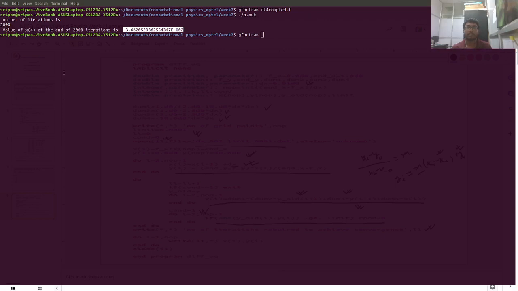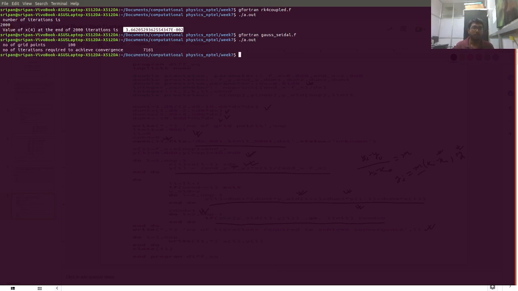The name is Gauss_Seidal dot f. Okay, so it is compiled. Now we have to check for the answer. You see, the number of grid points is 100, and the number of iterations required to achieve convergence is 7161.